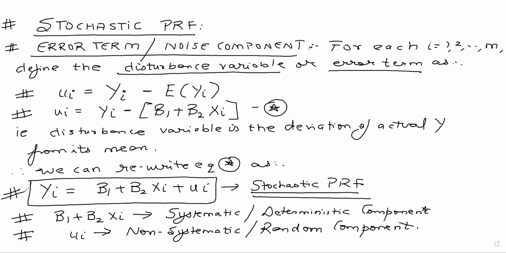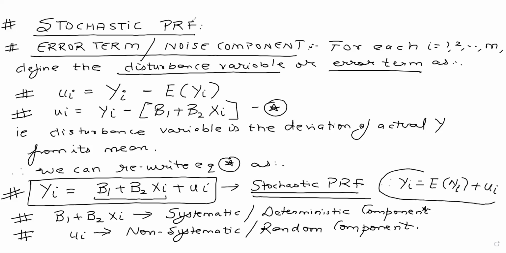Now I can write this like this also. Yi is equal to, this term is expected value of yi, which is systematic or deterministic, plus the random error term ui.